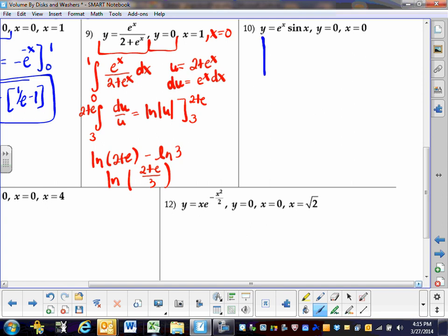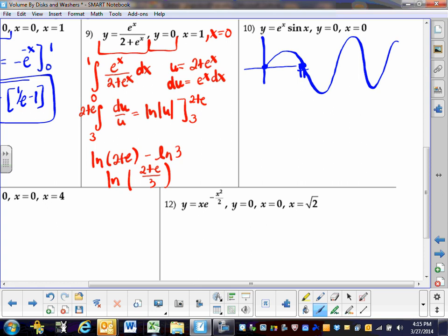Okay, for this one, if we substitute 0 into here, we're going to get 1 times 0. The e function is going to grow, and the sine function is going to grow up until we get to pi. And at pi, sine is going to be 0 again. So regardless of what e is, 0 times e is still going to be 0. And then as the sine is negative, the e is going to make it larger. So we're going to have an oscillating function.